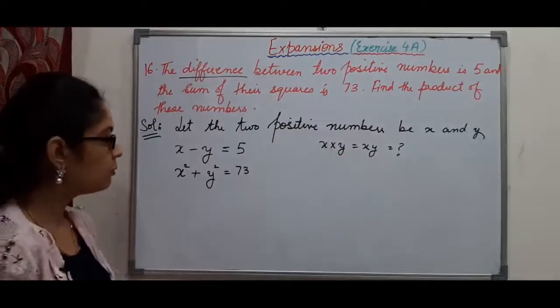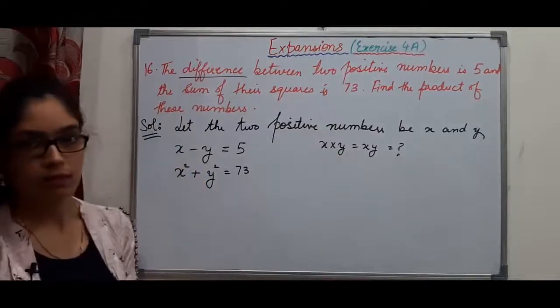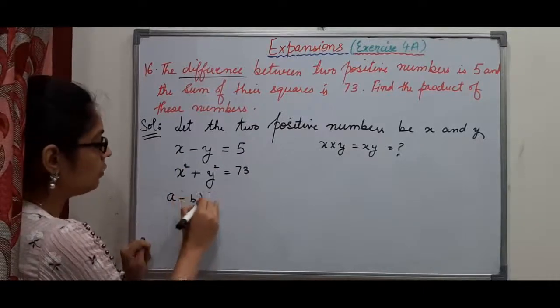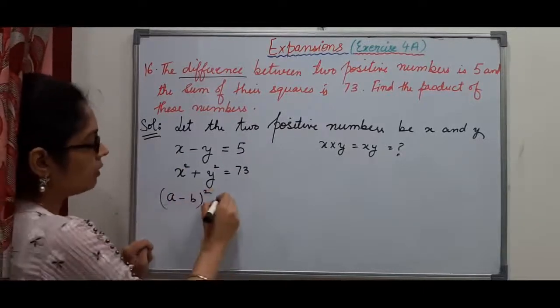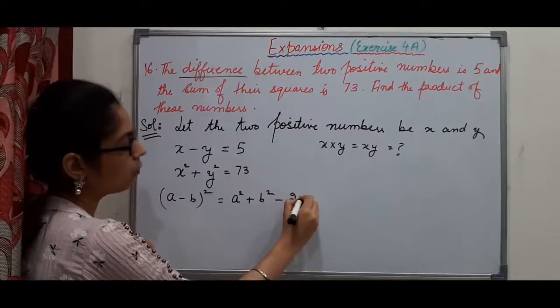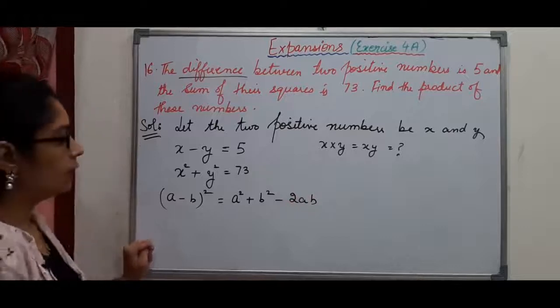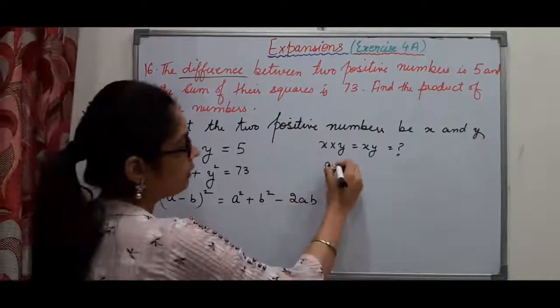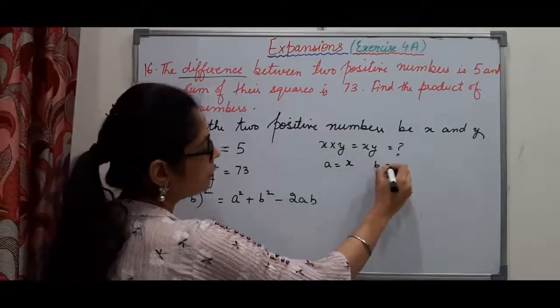So same way we have to start, x minus y is given to us. So we will use the identity of a minus b whole square. A minus b whole square is a square plus b square minus 2 into a into b, where my a is equal to x and b is equal to y. I will write here a is equal to x and b is equal to y.